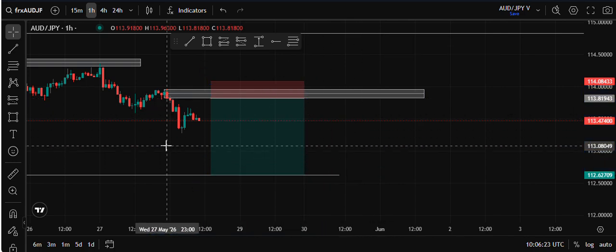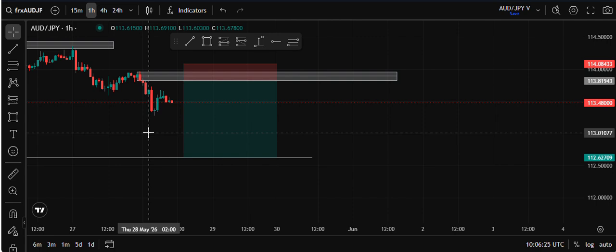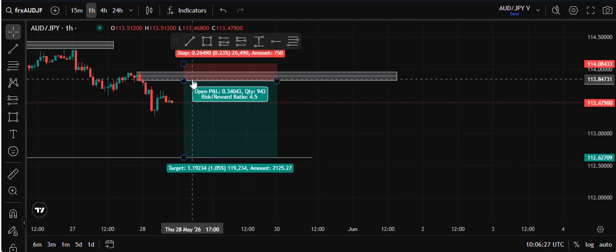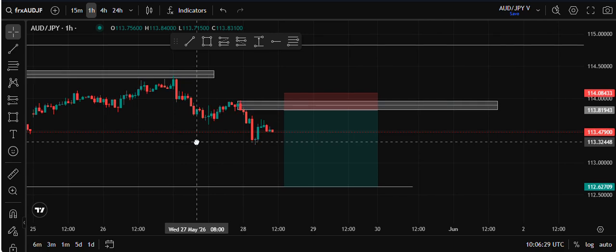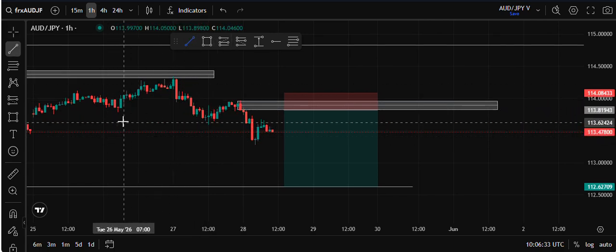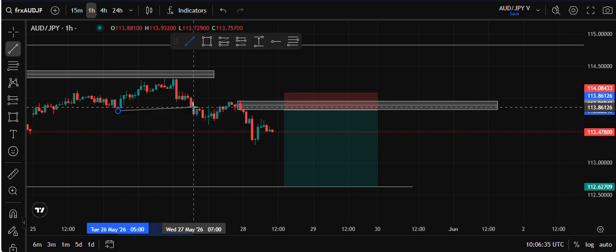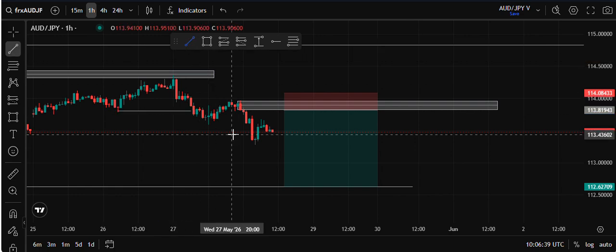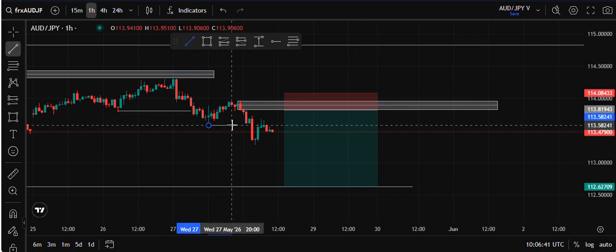So this is what we have currently. We're expecting this to get up to here and then move. But these are our shifts. These are our shifts. Our BOS.